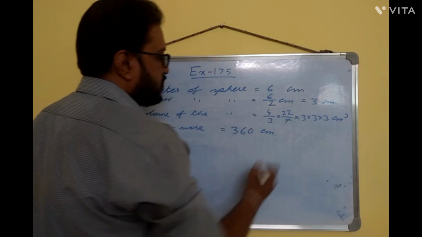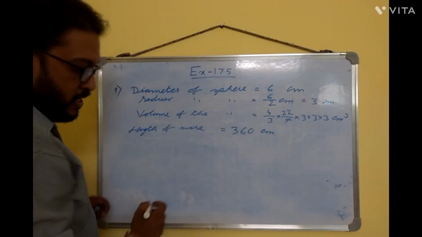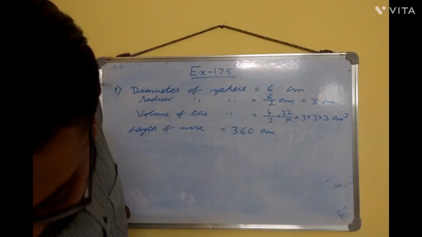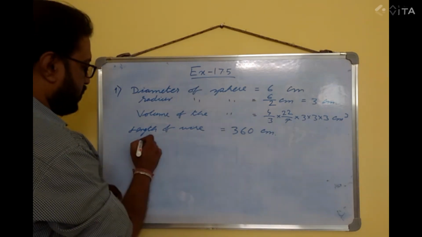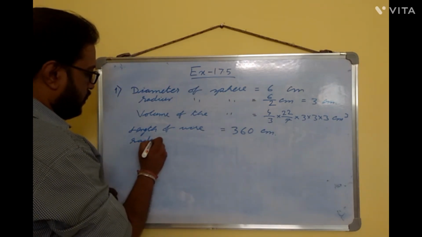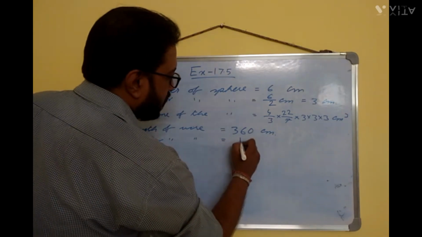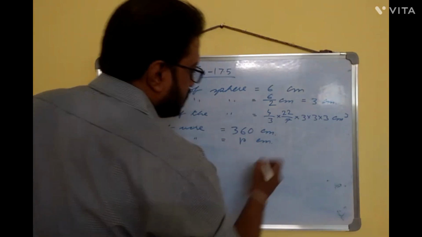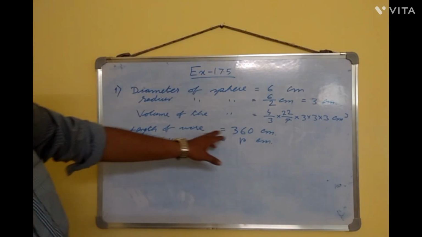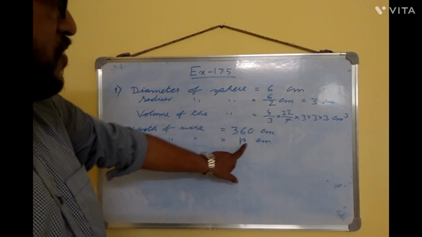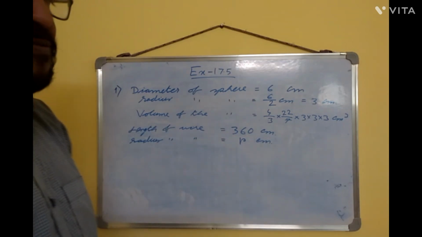Then it will be 360 centimeter. Height is not given. Find the radius of the wire. Radius of the wire equal to r centimeter. So length of the wire is 360 centimeter and radius of the wire is r centimeter.